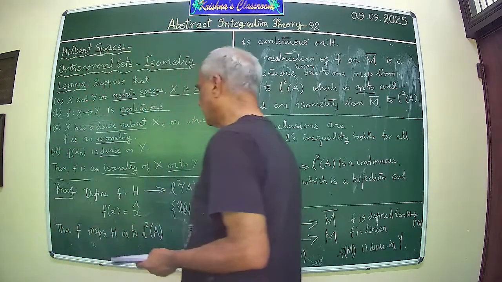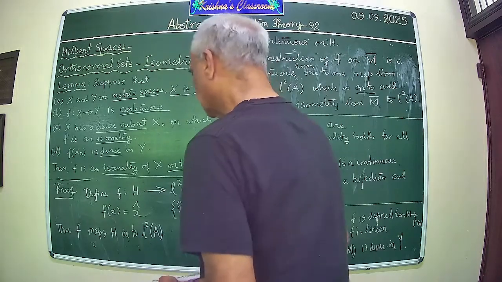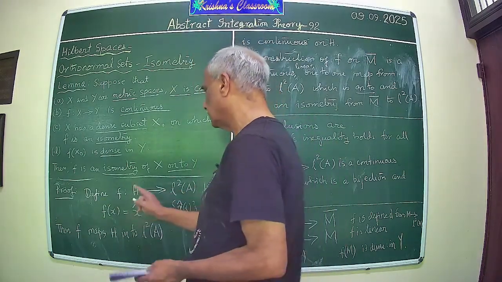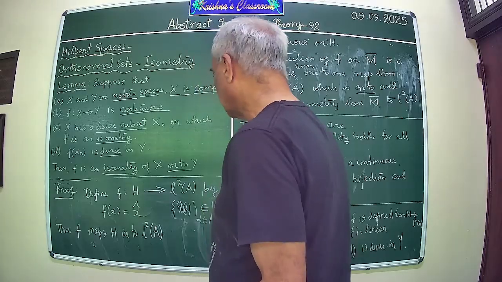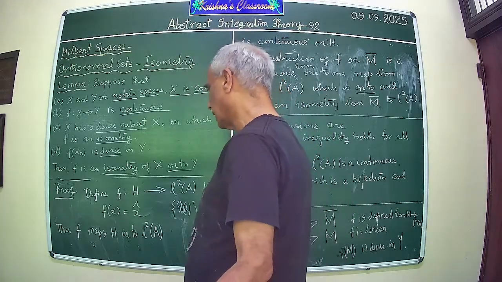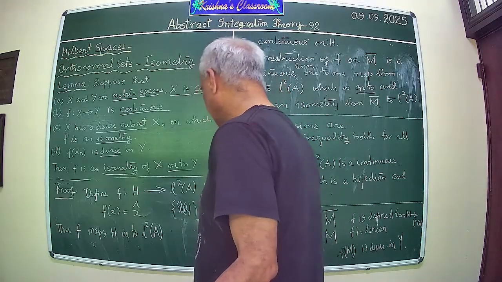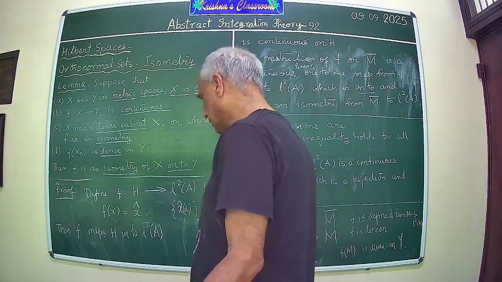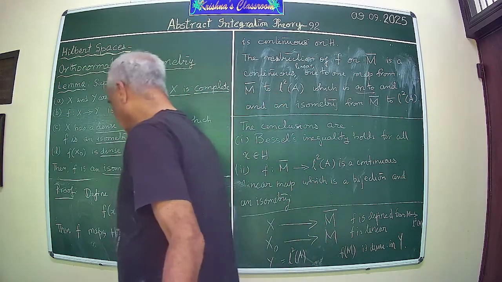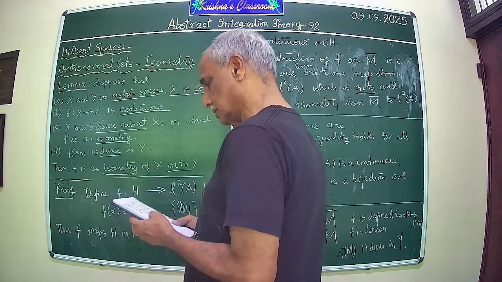This is not difficult because we are just defining this one. And what do you have? You take x and you see the collection that we take.